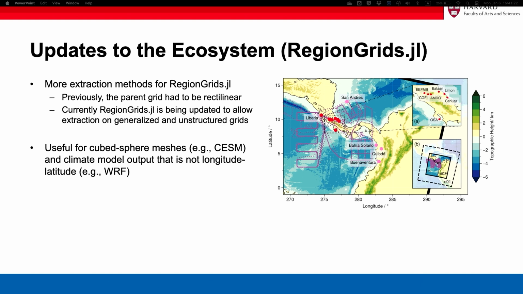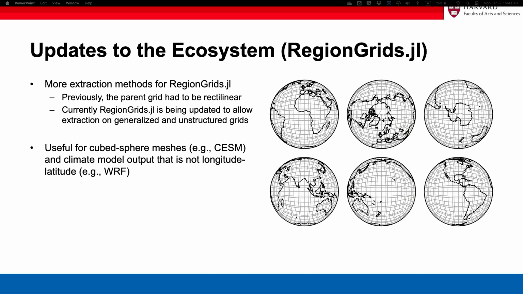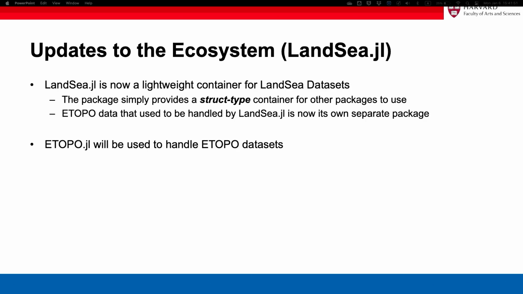It is quite often on whatever domain that you have defined. It's basically like a reprojected longitude-latitude grid. But basically, I'm trying to use region grids to generalize region grids to WRF output, and also potentially for unstructured meshes or cube sphere meshes like CAM-SE, for example. This is in the works right now.